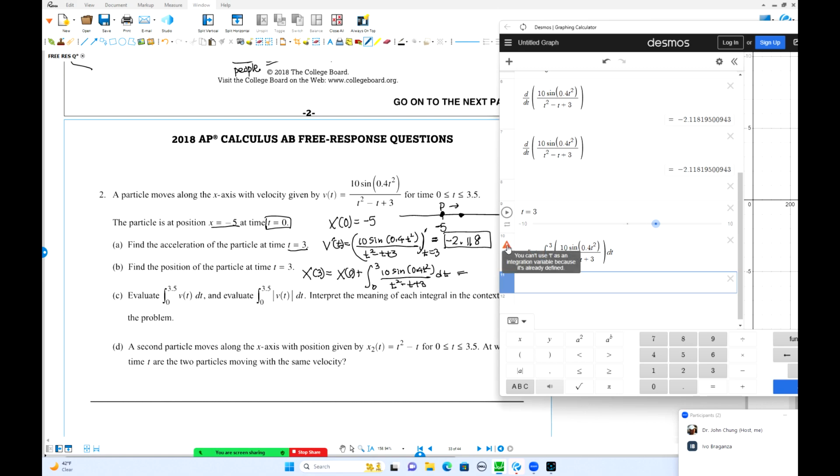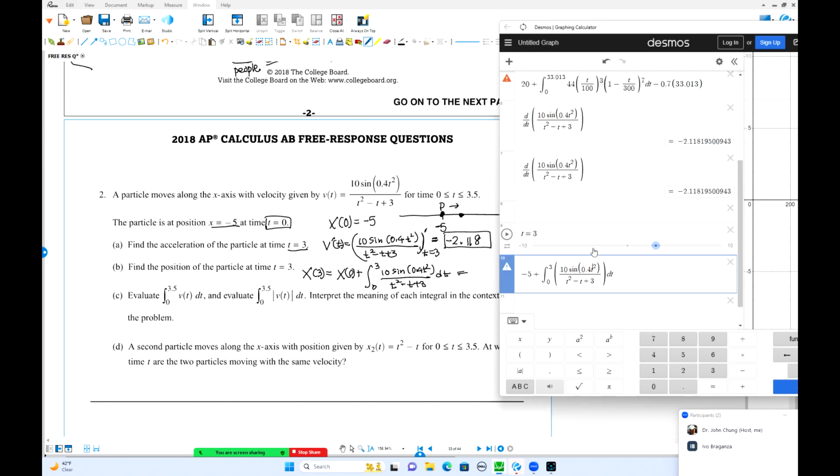You cannot use t as an integration variable because it's already defined. Oh, we're gonna use different, we use x here, okay? I'm gonna use the x there, because we use the same variable. Change the x. This decimal is weird.